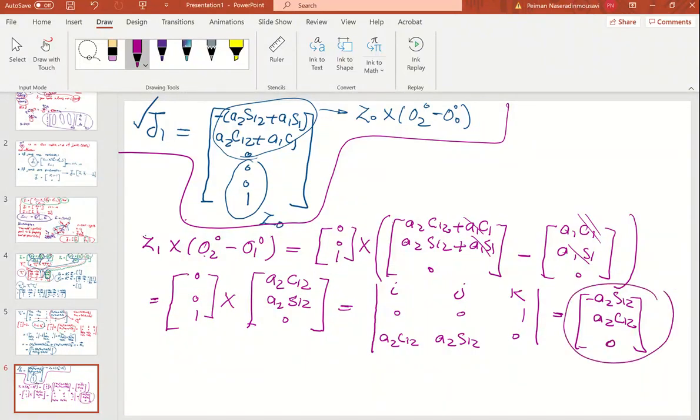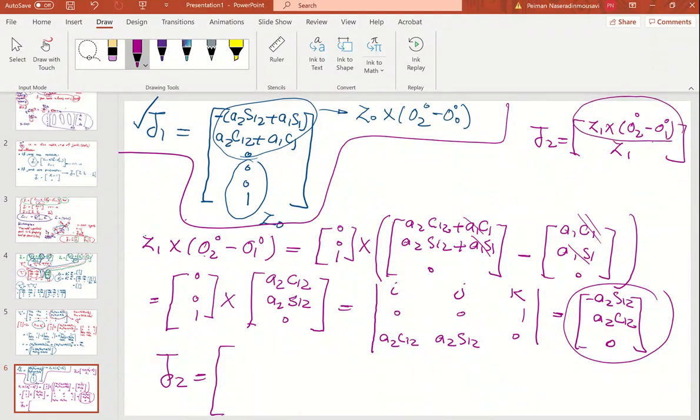Bingo. And we know that J2 is Z1 multiplied by O2 with respect to the base coordinate system, O1, and Z1. So you can simply say J2 is what we got here: minus A2 sine 1 2, A2 cosine 1 2, and 0, and Z1: 0, 0, 1.